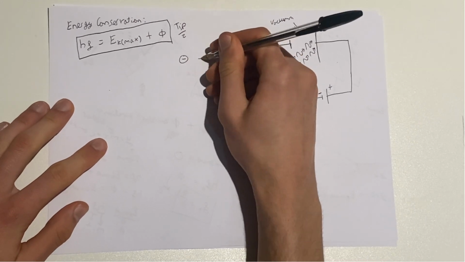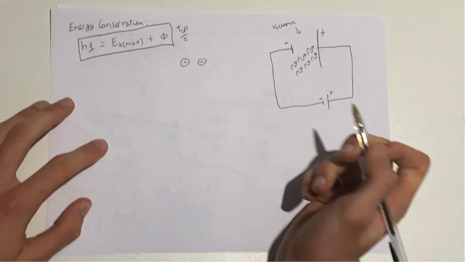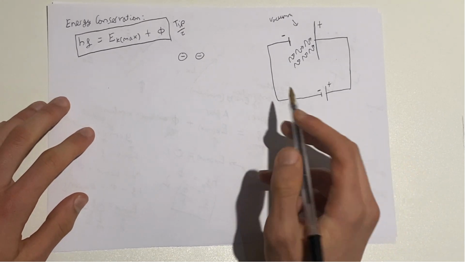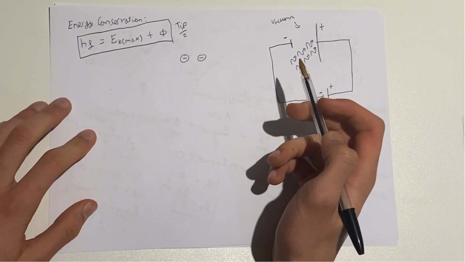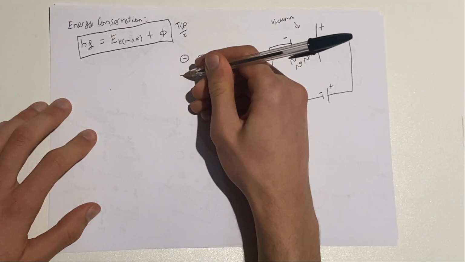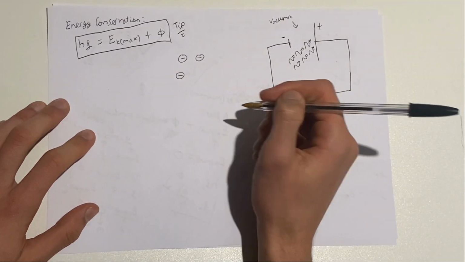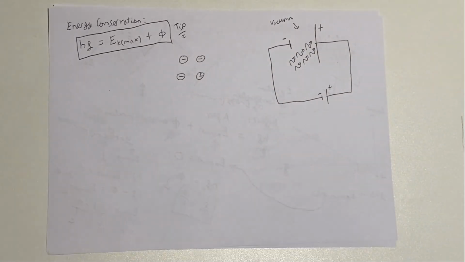We know that like charges repel. This is an electron, for example. A negative charge repels a negative charge. And we know that opposite charges attract. So a negative charge, another electron, is attracted to a positive charge.